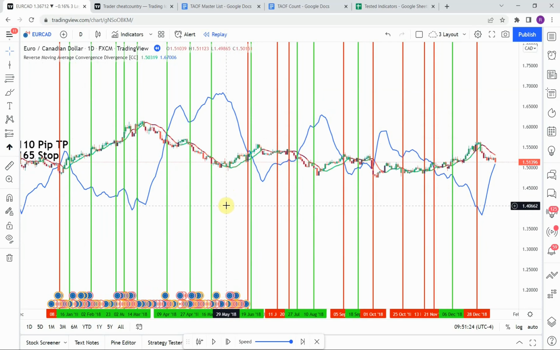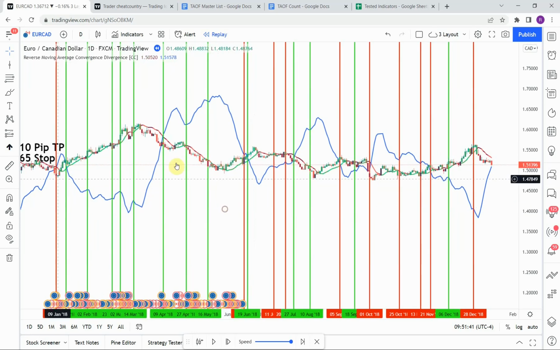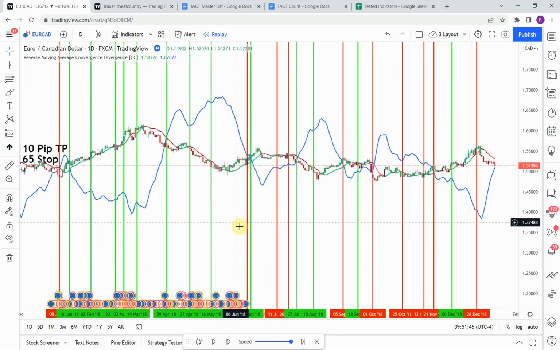And so even though we got more trades within the 1 year's time, it lowered the win rate quite significantly, to the point where it really wouldn't be worth it to even use it this way with the stop and take profit that we were using. And so, yeah, what can we say?